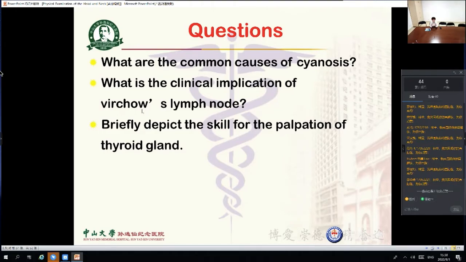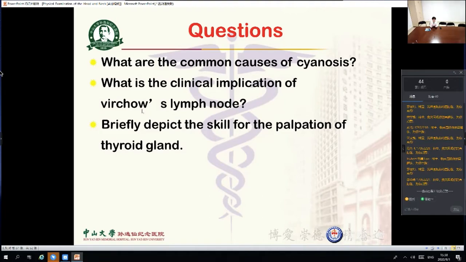And before all of this, you need to know the anatomy of the neck, to know the markings of the anatomy, and then how to identify the location of the thyroid gland, to identify the larynx and the trachea, so that you'll be able to locate any pathological situation of the thyroid gland and do this palpation.